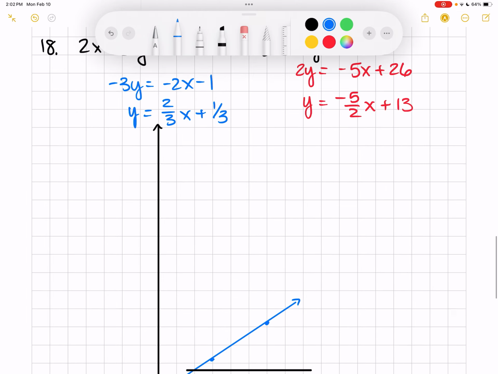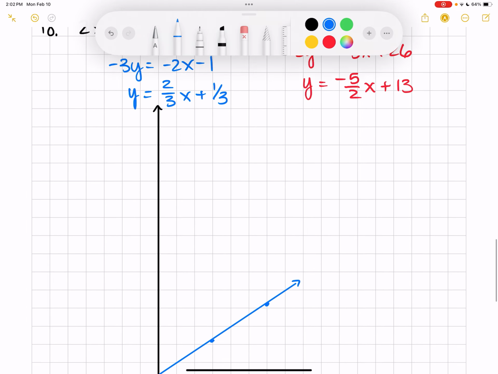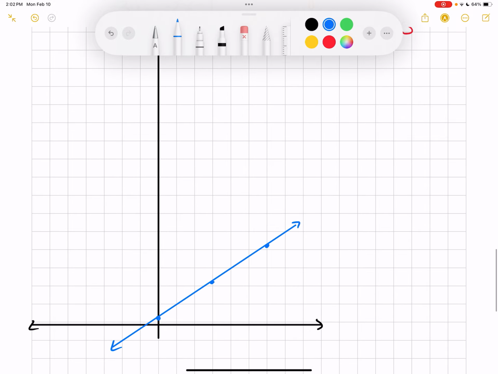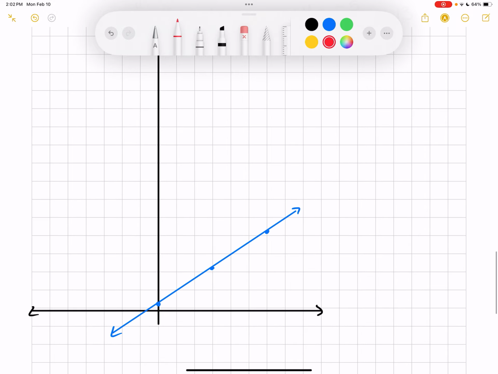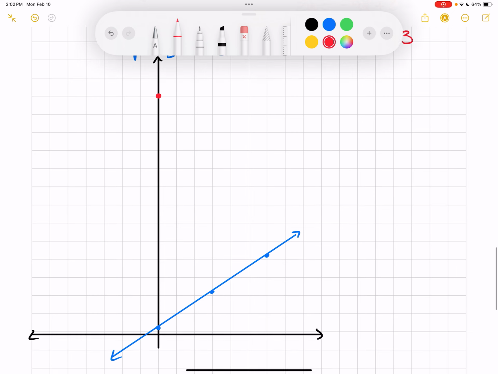All right, the next one is 13, and it has a negative slope, so I'm going to count all the way up to 13. 1, 2, 3, 4, 5, 6, 7, 8, 9, 10. I guess I miscounted when I did my thingies. 1, 2, 3, 4, 5, 6, 7, 8, 9, 10, 13.